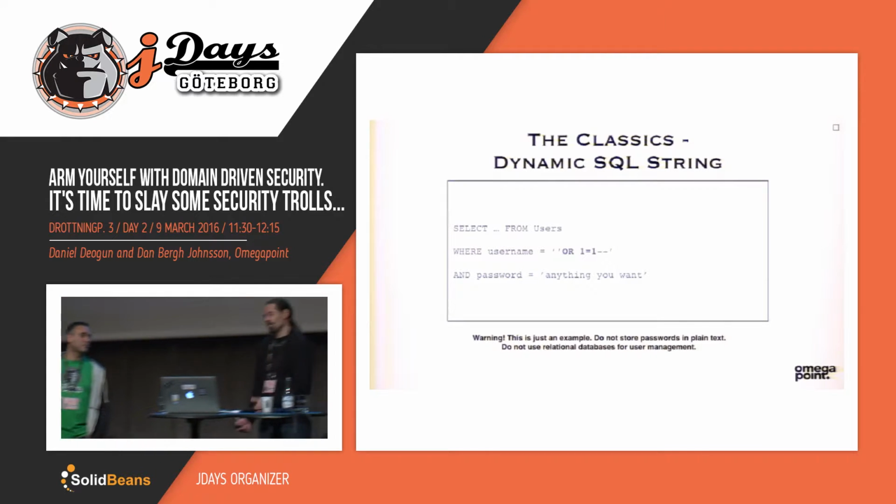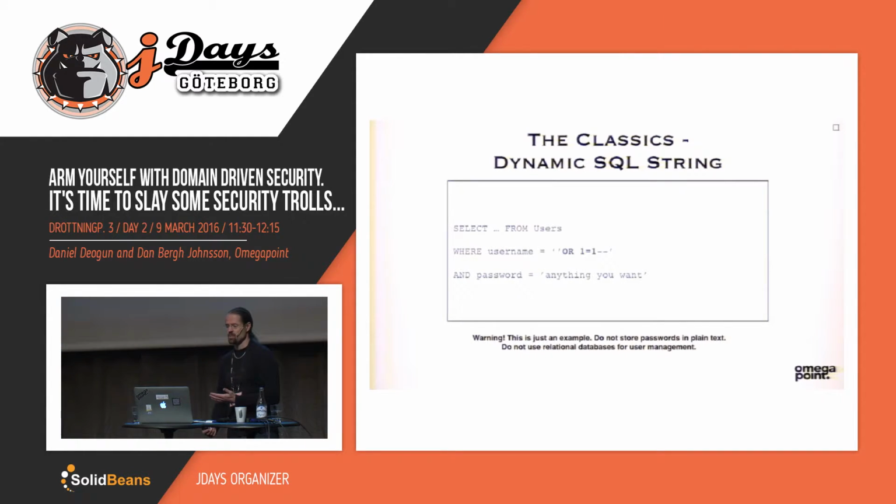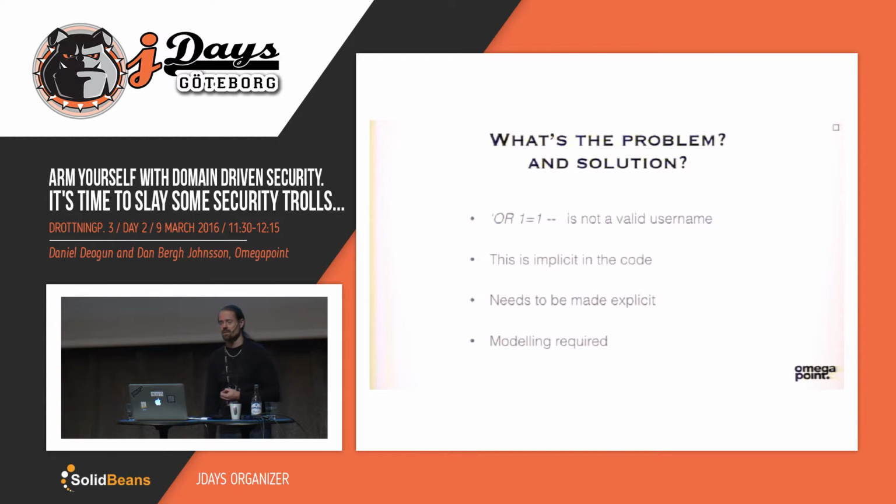Well, we can apply the same mindset as we did with the domain attacks. ' or 1=1 is not a valid username. So we would model our realm of usernames, and we would have a constructor which only allows those we consider real usernames.